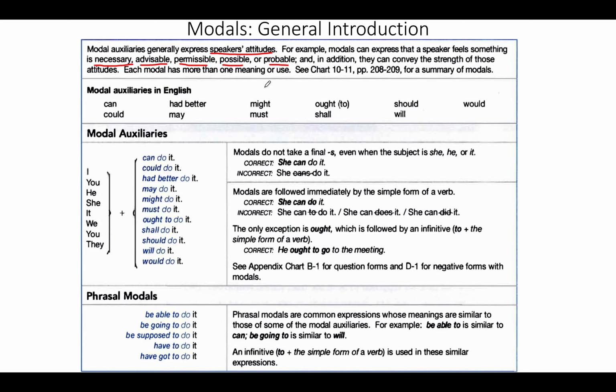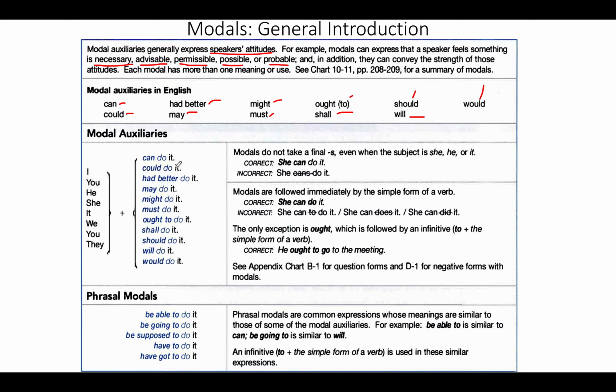Now, in English, there are different types of modals. You can see here we have can, could, had better, may, might, must, ought to, shall, should, will, and would. So all these are examples of modal auxiliaries used in English.